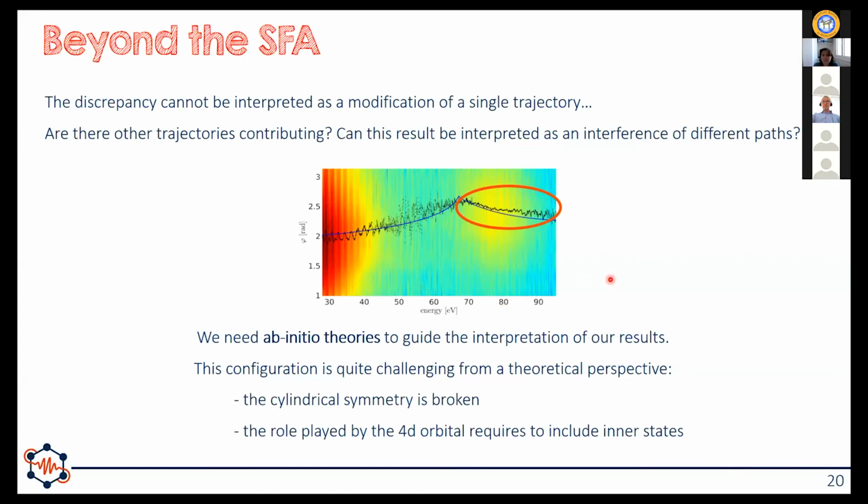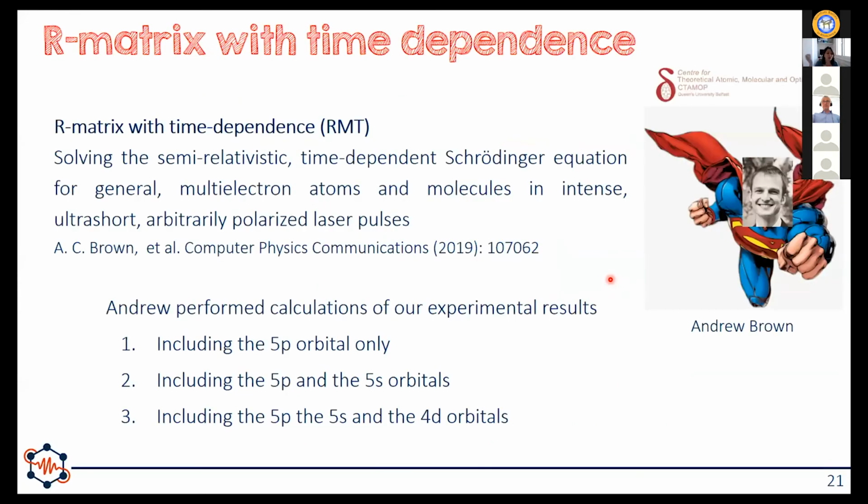We discussed with people about this, including Armin Scrinzi, about the possibility of doing that, but at some point, luckily, Stefan Pabst pointed us to Andrew Brown from Queen's University Belfast, who was able to perform the calculation of our experiment with the R-matrix with time dependence.